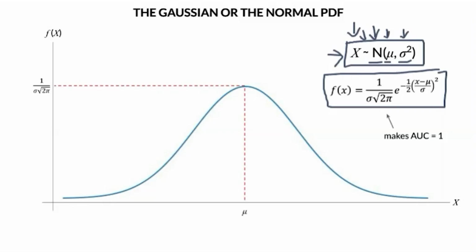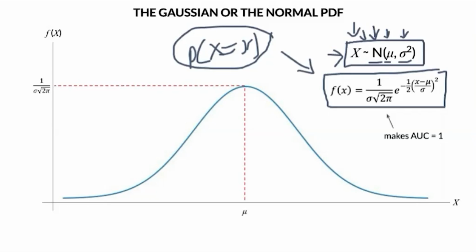So PDF means P of X equal to x, but this was in the discrete case. Similarly, in the continuous case, you have the continuous formula. Now, if you see, the only variable in this formula is x. Everything else is constant. It looks very confusing, but there's only one variable here, x. Your mean is here, your standard deviation is here, root of 2 pi is here, and so on.